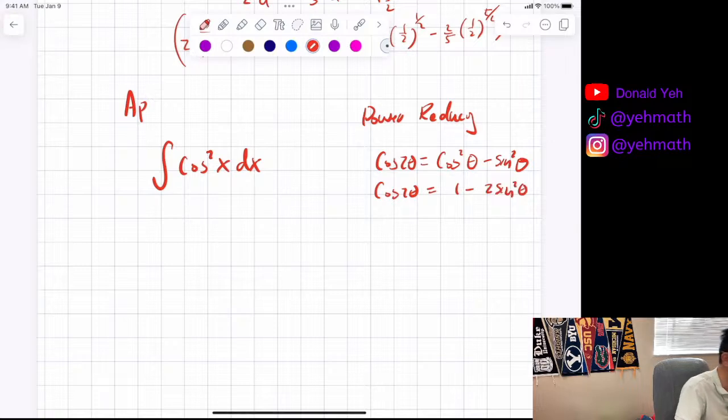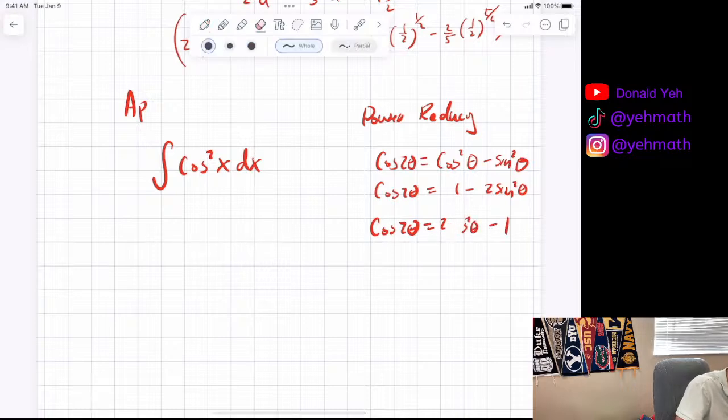Does that make sense? Because I replace the cosine squared with 1 minus sine squared and the minus sine squared again, so it'll be 1 minus 2 sine squared. There's one more. This is our double angle identity, so it's reverse because I replace the sine squared with 1 minus cosine squared, so that will change to 2 cosine squared of theta minus 1. So this is not power reducing, but it's the precursor of that.